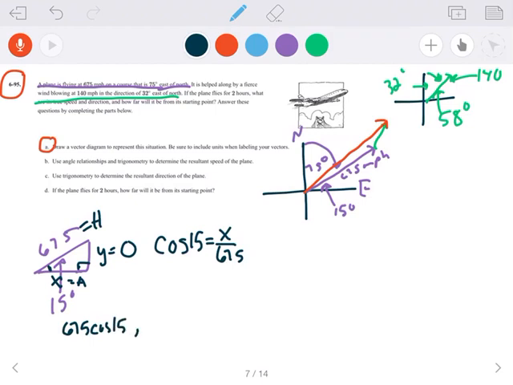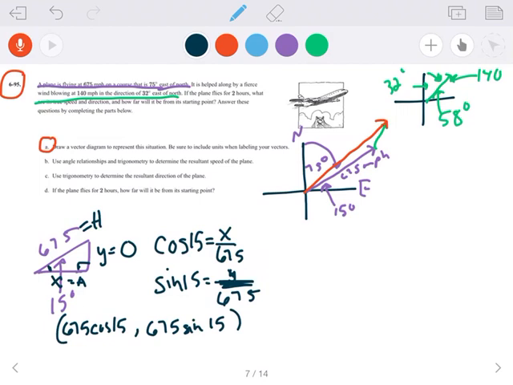And then let's talk about the y value, which is opposite over hypotenuse, which is sine. So the sine of 15 degrees equals y over 675, which we can write as 675 times the sine of 15. And when we calculate those, let's see what we get.